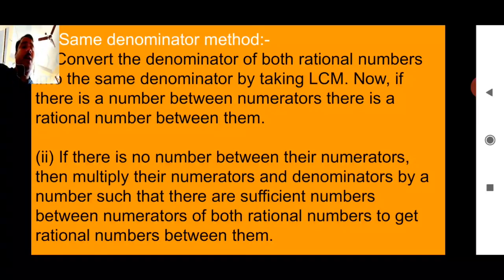But if the denominators are not the same, then we first convert the rational numbers to the same denominator by taking the LCM. Now if there is a number between the numerators, there is a rational number between them. Otherwise, if there is no number between their numerators, then multiply their numerators and denominators by a number such that there are sufficient numbers between the numerators of both rational numbers to get rational numbers between them.